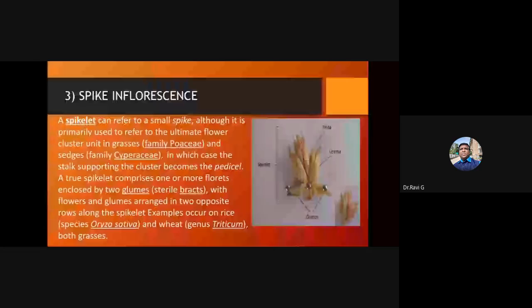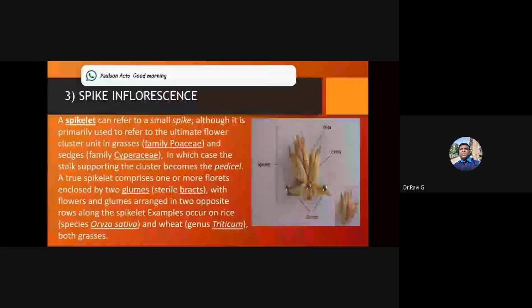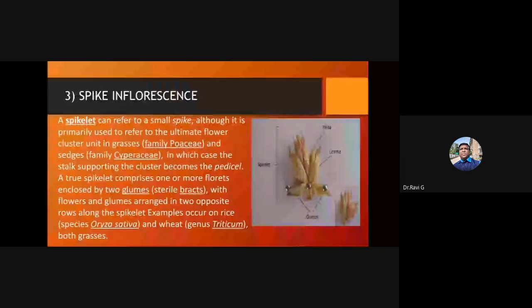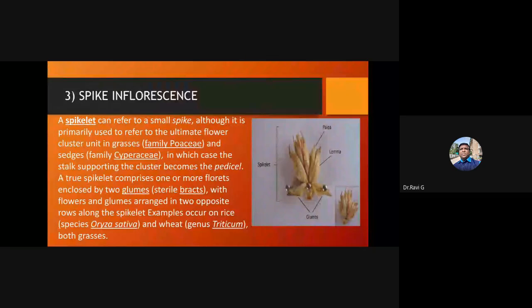A spikelet can refer to a small spike, although it is primarily used to refer to the ultimate flower cluster unit in grasses and sedges, in which case the stalk supporting the cluster becomes the pedicel. A true spikelet comprises one or more florets enclosed by two glumes, with flowers and glumes arranged in two opposite rows along the spikelet.